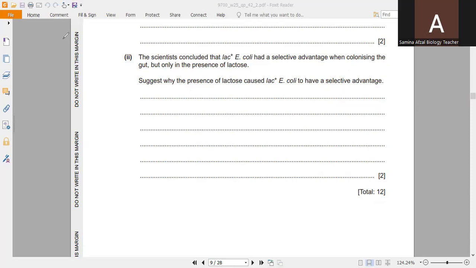So it was the suggestion why the presence of lactose caused E. coli to have a selective advantage. I will write it this way, because the question is only 2 marks, but I have given you more detail.